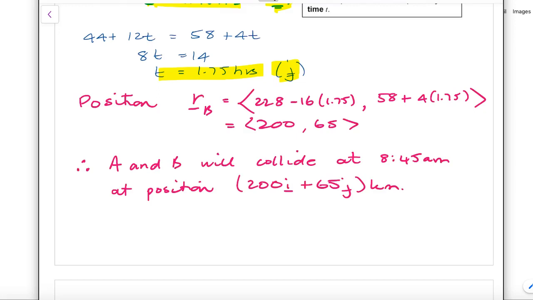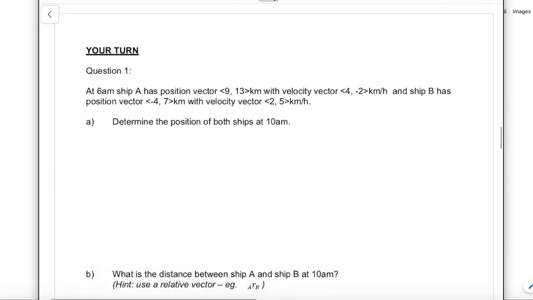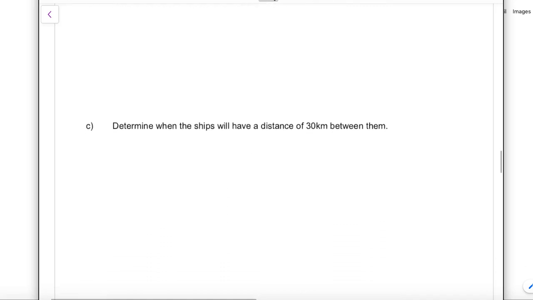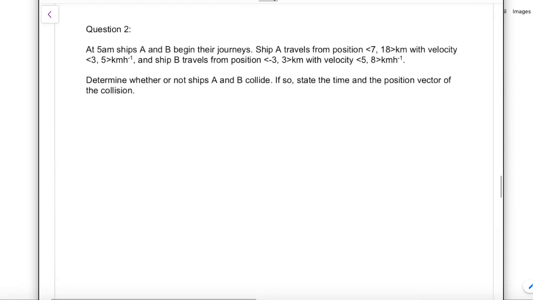So now it's your turn. I'd like you to have a go at the following two questions. The first question takes the idea where we need to find the positions of ships at certain times after they've been moving, and the distance between ships. And our second question is to determine whether or not two ships collide.